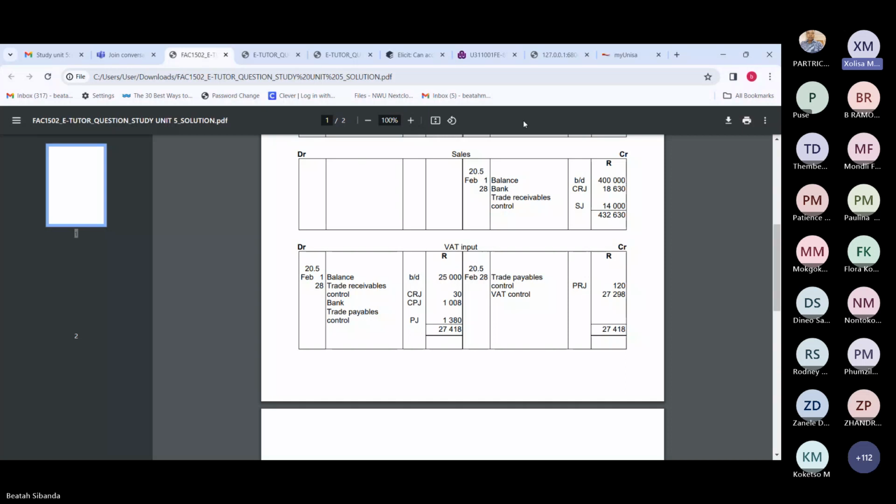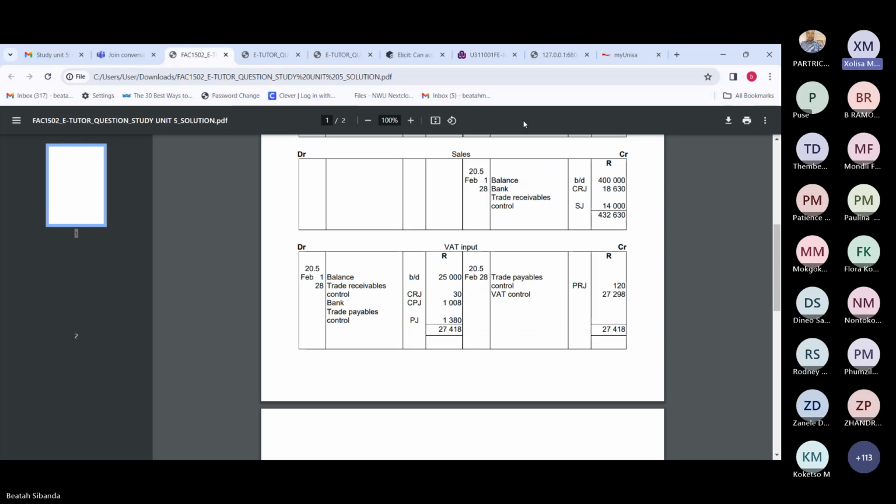If we think of it like an asset, money we are owed, the total of the debit amounts, because remember your asset increases on the debit side. The total of those amounts that we are owed is that 27,418, right? But then there is a 120 that we are technically not owed anymore. So we're reversing out that 120, because we returned that item, so we can't claim the VAT anymore.